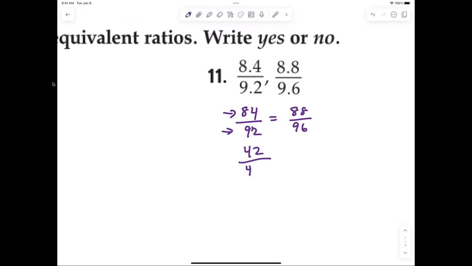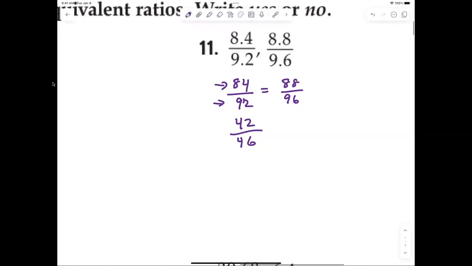So 2 goes into 12 what? 6 times. Now, if I wanted to reduce 42 over 46, I could reduce by what again? 2. 2 goes into 42, 21. 2 goes into 46, 23.